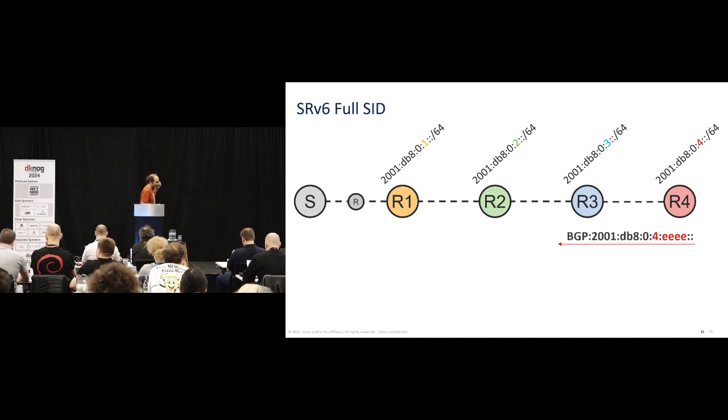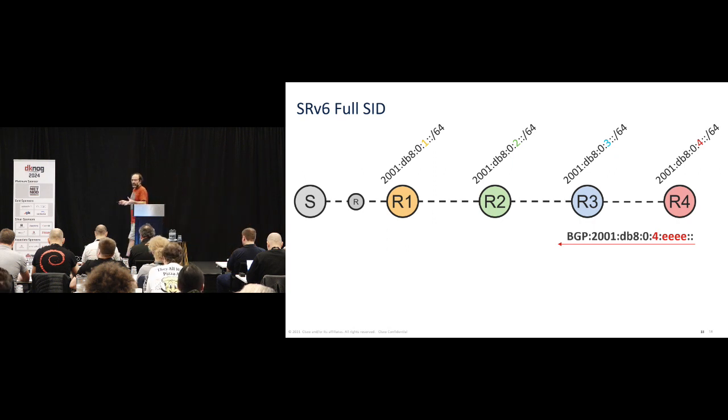Also, those devices don't need to be physical devices, right? Even routers are not just physical devices nowadays. It can be virtual machines, it can be containers, it can be anything. The only thing you need to have there is IPv6 reachability. And there is nothing special to that, right? We said every device in that segment routing network is advertising what is called a locator.